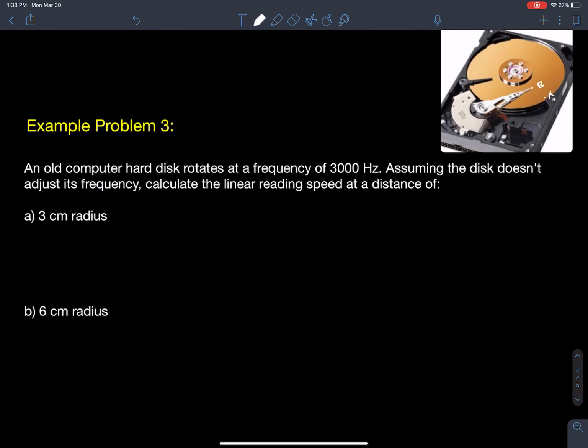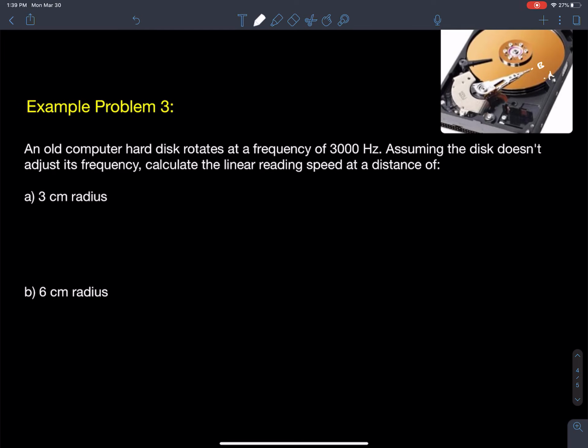Okay, so an old computer hard disk rotates at a frequency of 3,000 hertz. Assuming the disk doesn't adjust its frequency, calculate the linear reading speed at a distance of 3 centimeter radius. In order to calculate the linear reading speed, which is the velocity, it is equal to my angular speed times r. How do I get my angular speed?